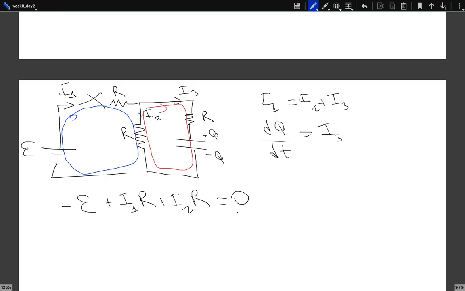And finally, let's start from this point. What is the potential drop as I cross this resistor? I3 times R. What is the potential drop as I cross this capacitor? Q over C, and I'm going from higher potential to lower potential, so it's actually a drop.